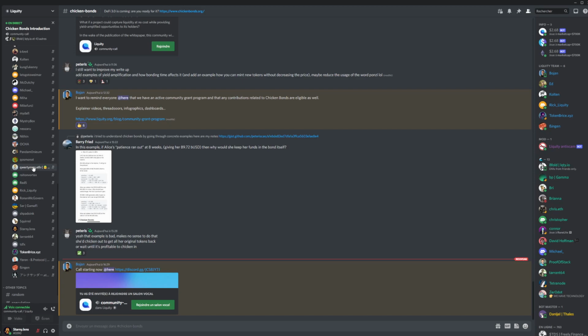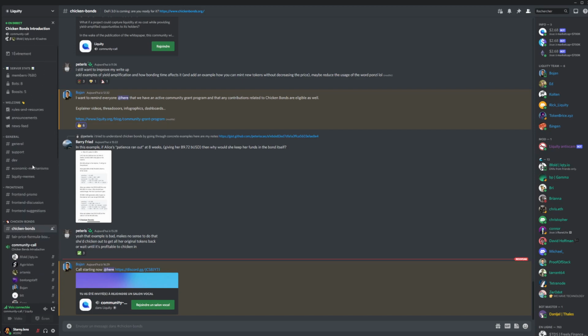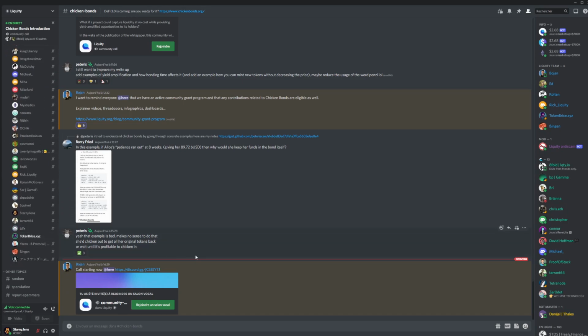So the very first bucket, the pending bucket, is where the asset goes when a user creates a bond. The challenge with this pending bucket is that since we guarantee the exit of the user at this stage at no cost, it means that when you create a bond and you haven't chickened in or chickened out yet, you can recoup your full initial investment at any time. That's the chickening out process.